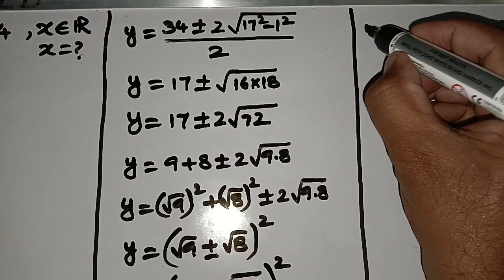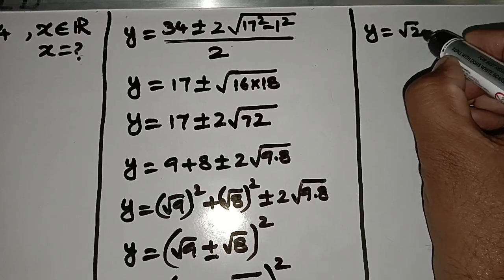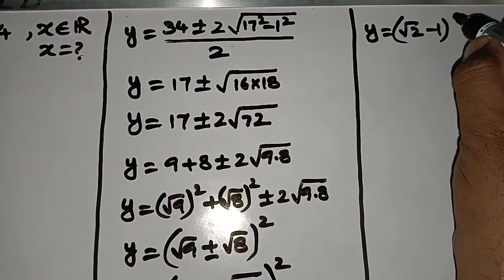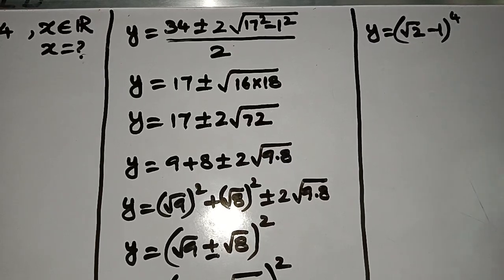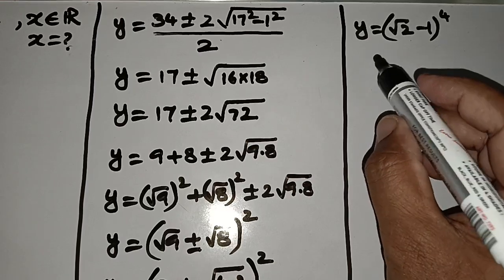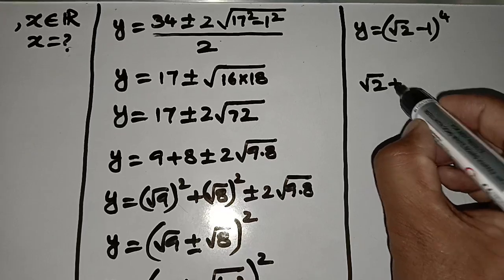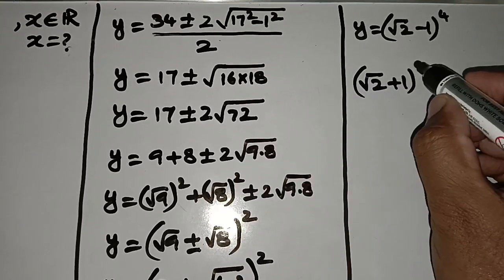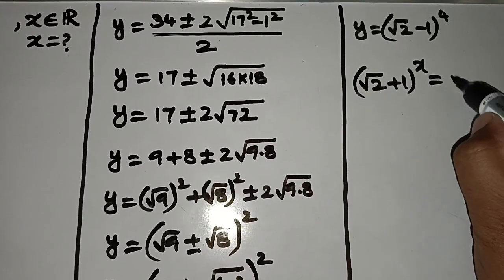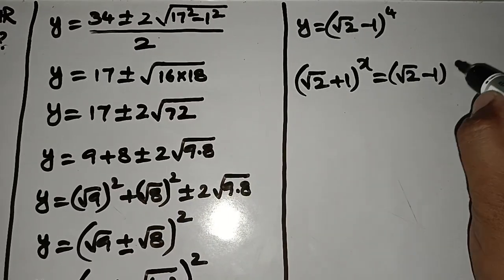So here we have y is equal to root 2 minus 1 whole to the power of 4. This is also a possible value obtained here. So now again by taking y is equal to root 2 plus 1 whole to the power of x, and this is equal to root 2 minus 1 whole to the power of 4.